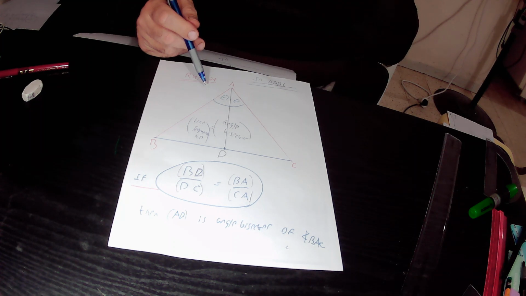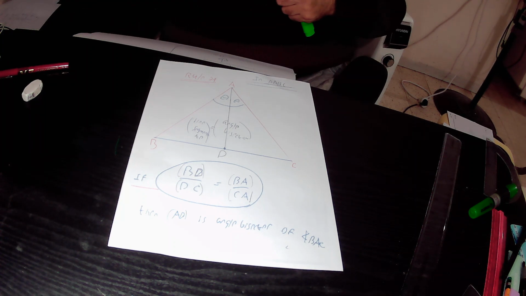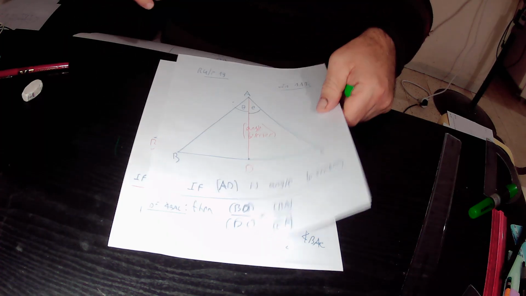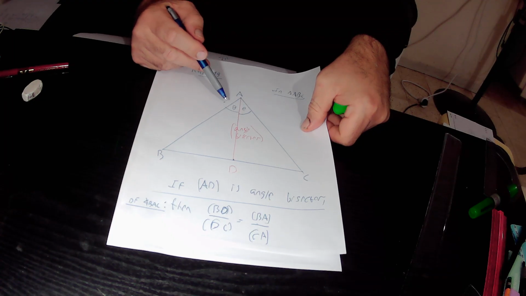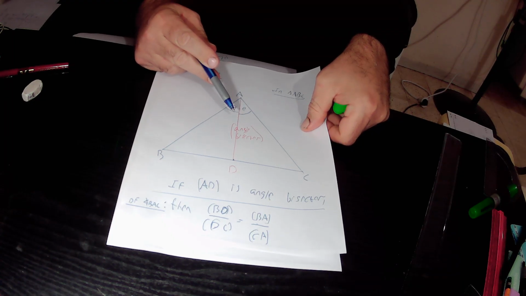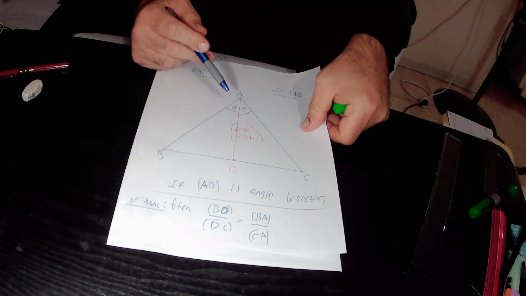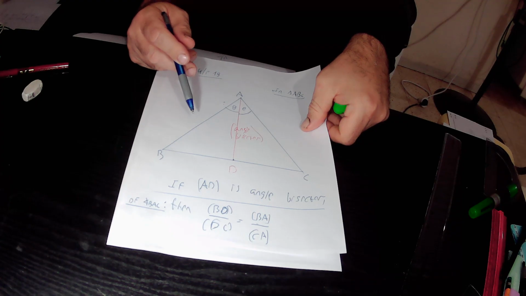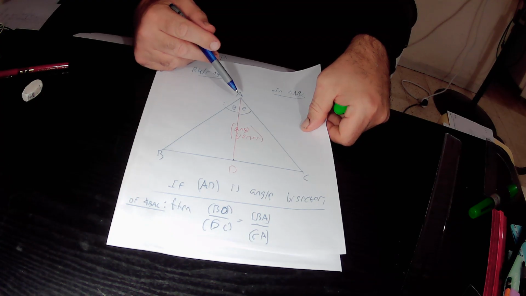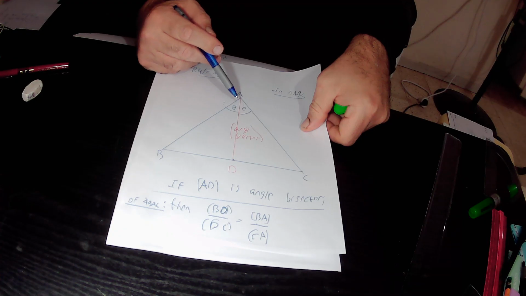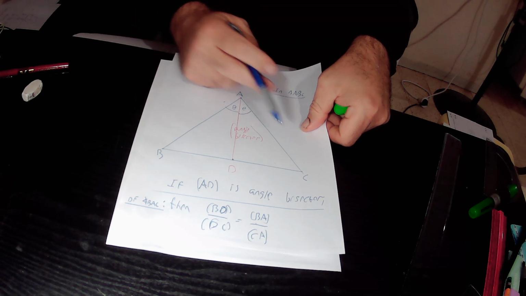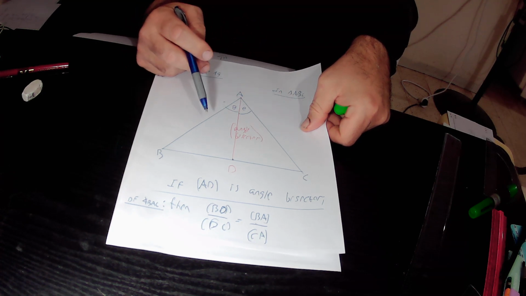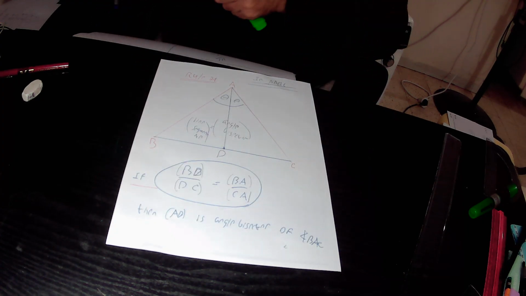According to Rule 19, if we know that AD is the angle bisector of angle BAC in triangle ABC, then angle bisector AD divides the sides of this triangle ABC proportionally. That is to say, because AD is the angle bisector, the following equation holds: BD over DC equals AB over AC. So the converse of Rule 19 is Rule 21.